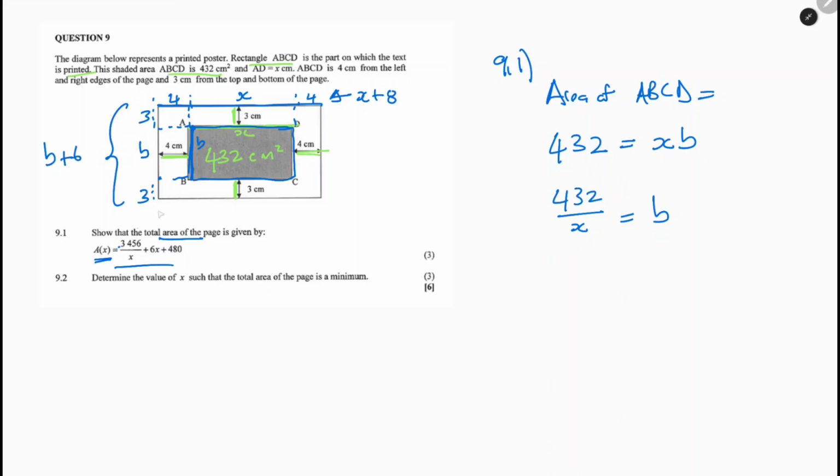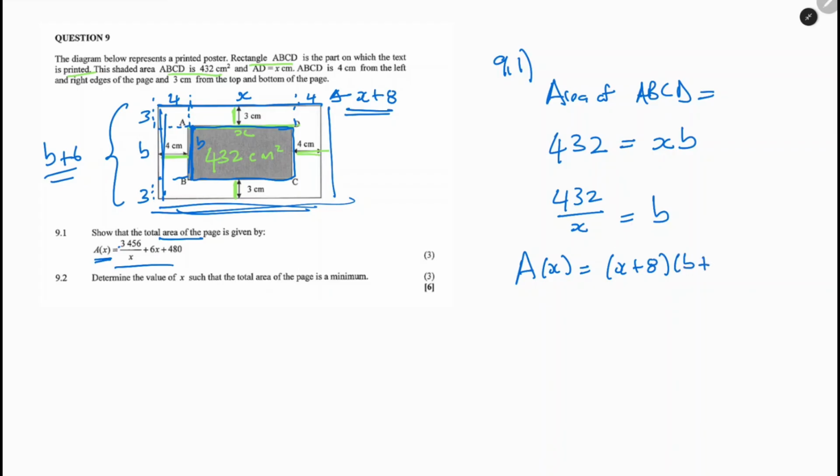So the area of the whole poster is equal to the area of this side here, which is X plus 8, multiplied by this side here, which is B plus 6. So A(X) is equal to X plus 8 multiplied by B plus 6.